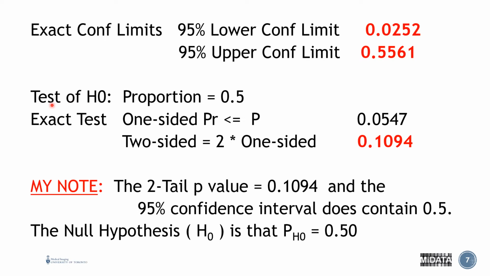When we tested using the exact test, we also found that if we took the two probabilities from each tail and added them together, we got a value of 0.1094, which of course is greater than 0.05, which is our alpha. And so with a two-tail p-value of 0.1094 and a 95% confidence interval that contains 0.5, we fail to reject the null hypothesis that p equals 0.5.